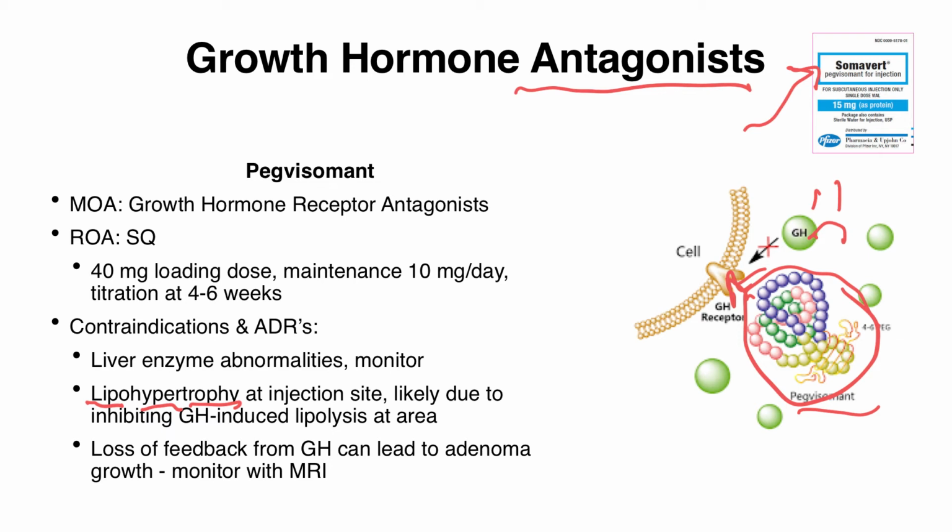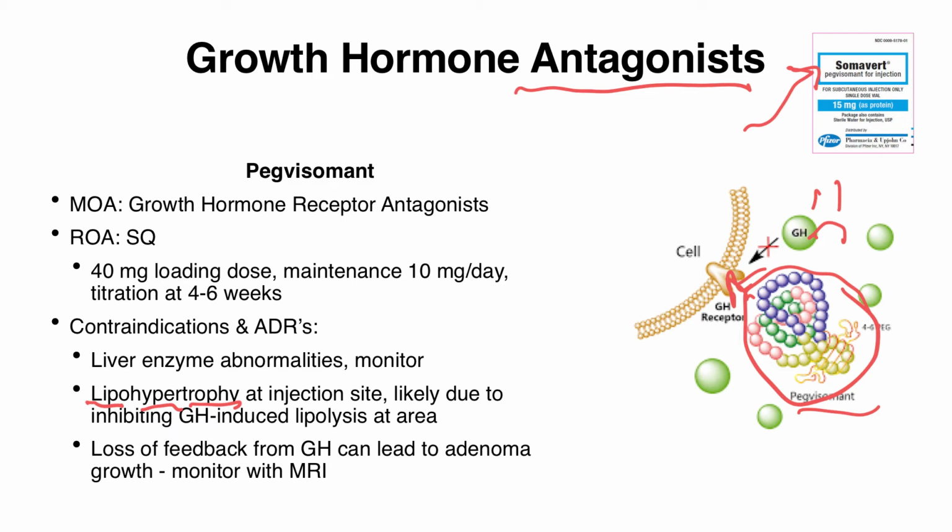Also, because the body really wants to see growth hormone and at least IGF-1 as well as its negative feedback, if you are giving an antagonist, you are going to mess up the negative feedback loop. So that means if growth hormone mechanisms that already exist in the body to maintain homeostasis get the message that there's low growth hormone in the body, that will signal to the hypothalamus and pituitary that they need to work harder to make more growth hormone.